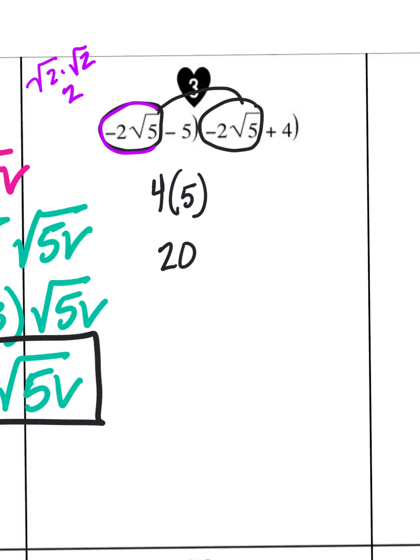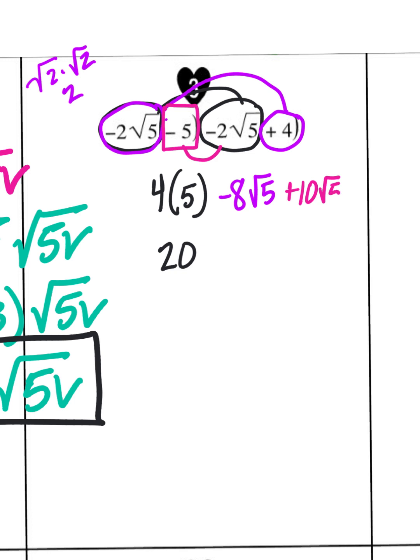Next, you're going to take the same piece, but now you have to multiply it by this piece. So now you would distribute here. Negative 2 times 4 would be negative 8 square root of 5. Now you've done that, so you come to the next piece and multiply it times this. That would be negative times negative, which would be positive 10 square root of 5.